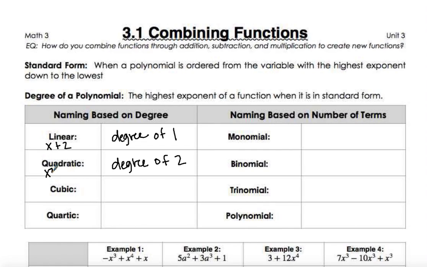So if it's got an x squared in it, that would be an example of a quadratic. A cubic has a degree of 3. So as long as you don't have any exponents bigger than 3, you have a cubic. And a quartic has a degree of 4.